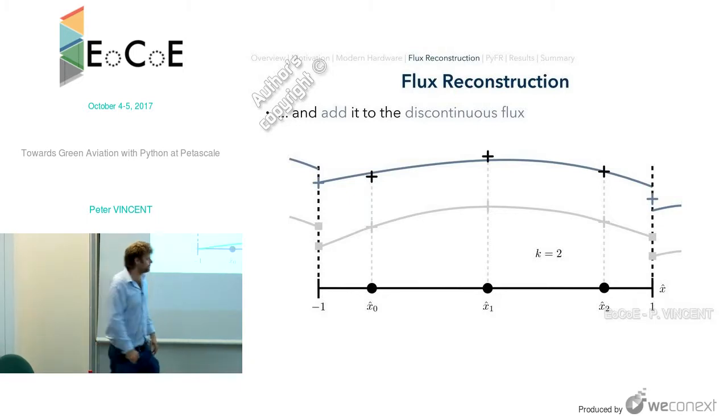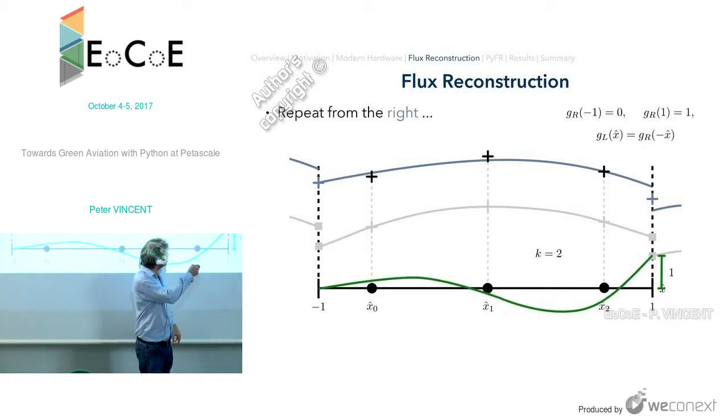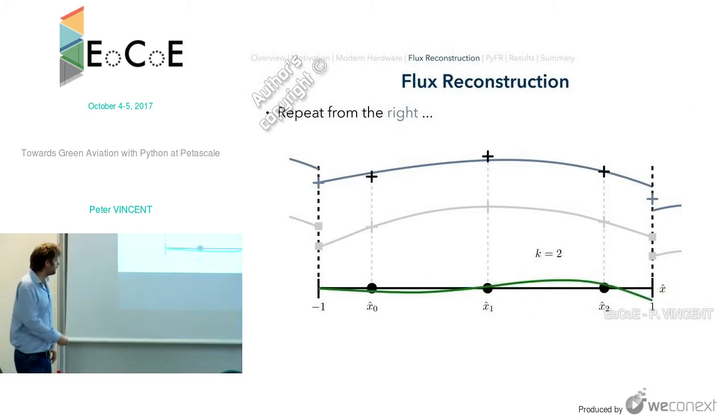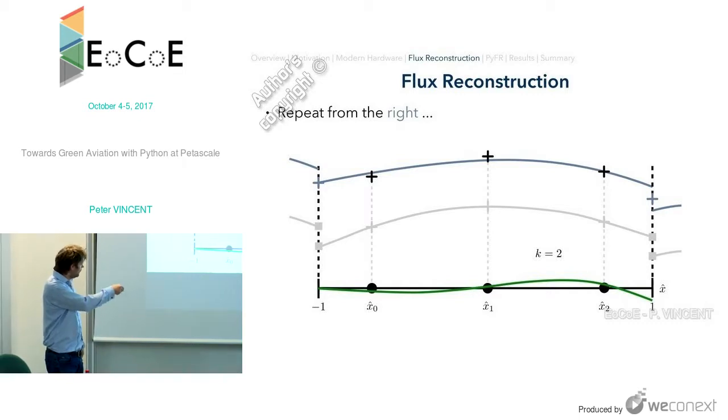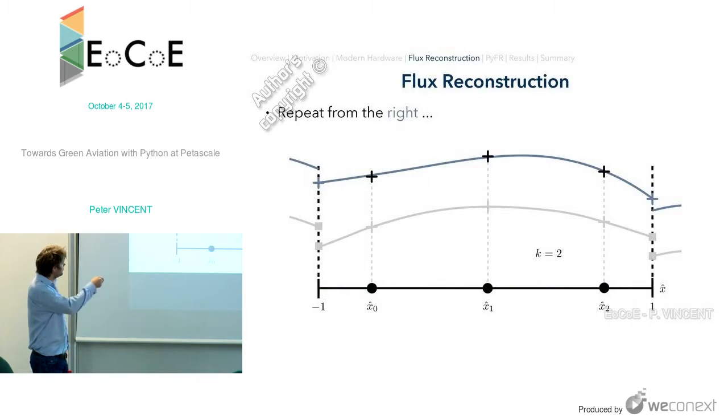And then we do the same from the right. So we have a right correction function that's a mirror image. We scale it by this jump, add it on. Because the correction functions are 0 at their opposite ends, this one then didn't move that point here. So now you have this corrected flux, and we can do this in all of the elements.